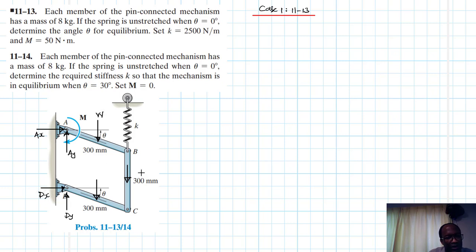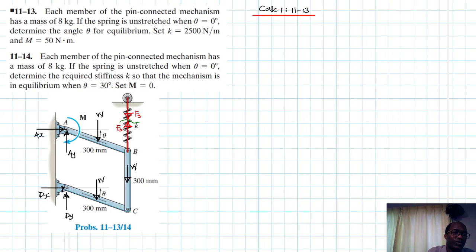We'll call these just W, W, and W. We do a section of this spring, and we expect the spring force like so, and like so. Let's call this spring force Fs.